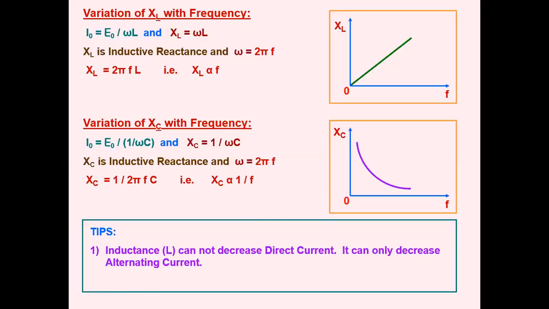So inductor will allow the DC current to pass through and will offer no resistance, no opposition to DC supply, because you know that frequency of DC supply is 0, because DC is not changing its polarity at any instant of time.